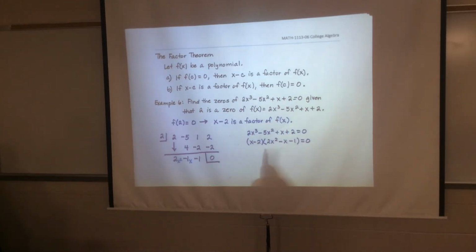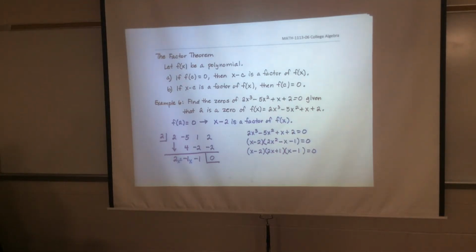Now for the quadratic part, the 2x squared minus x minus 1, I can factor that into 2 binomials here. I'm going to break 2x squared as 2x and x. Now for the factors of -1, it's going to be 1 and -1, but I have to put the 1 and the -1 in the right place. So if I put the plus 1 here and the minus 1 where the x is, -2x and a 1x will give me -1x.